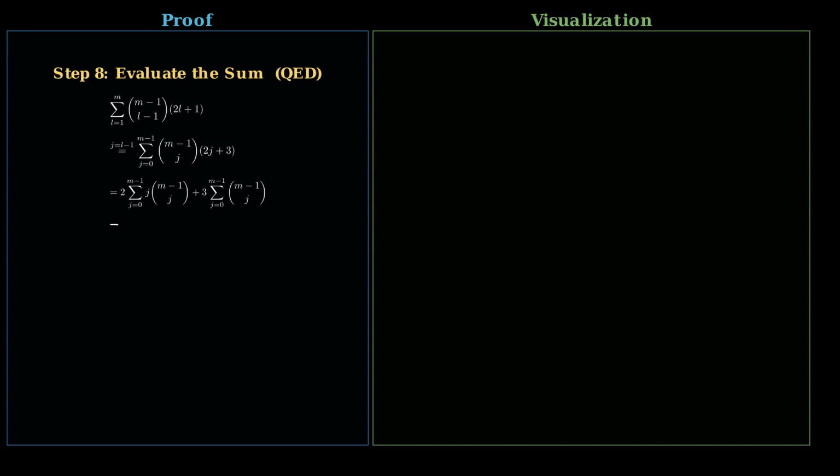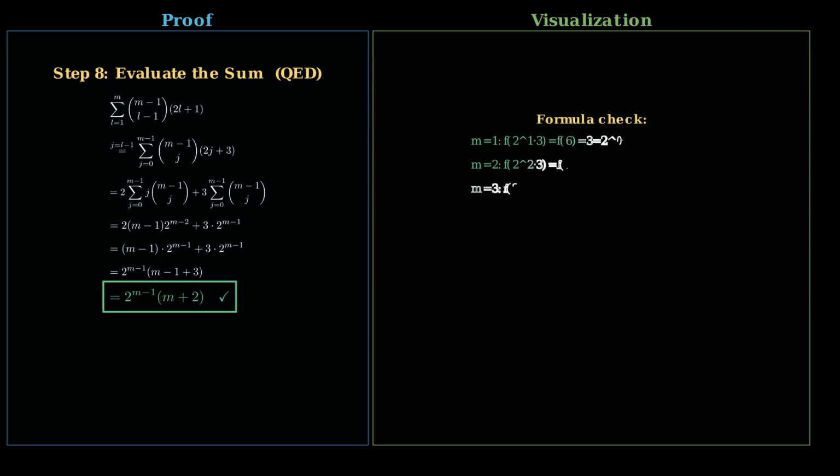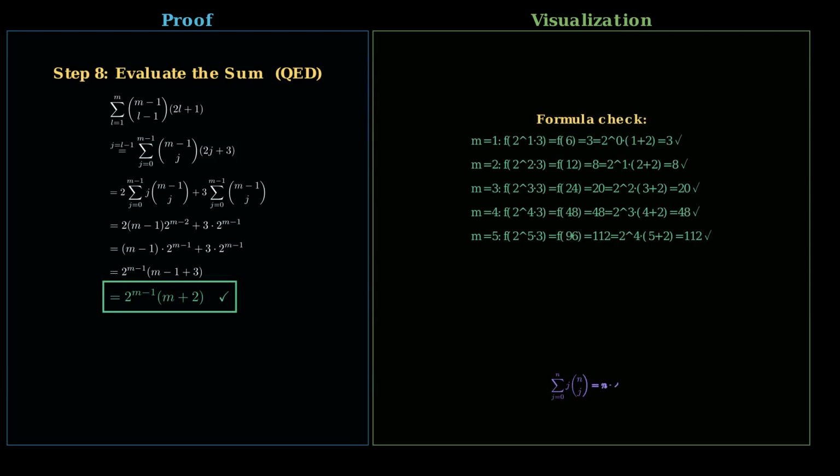Step 8. Evaluate the sum. Substitute j equals L minus 1, giving the sum of C(M-1, j) times (2j plus 3), which splits into 2 times the sum of j times C(M-1, j) plus 3 times the sum of C(M-1, j). The second sum equals 2^(M-1).